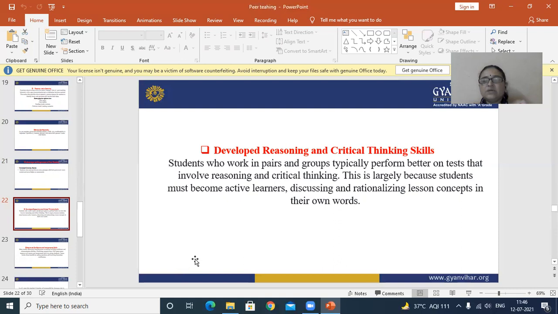This is largely because students must become active learners, discussing and internalizing lesson concepts in their own words.